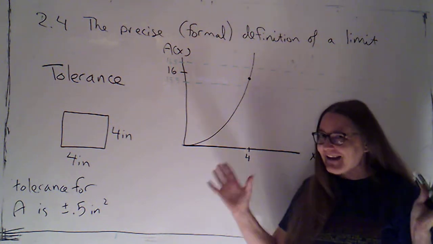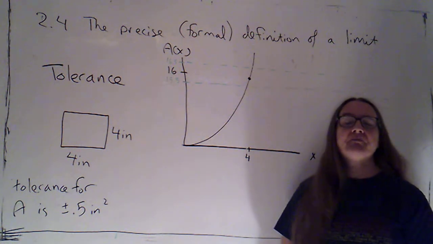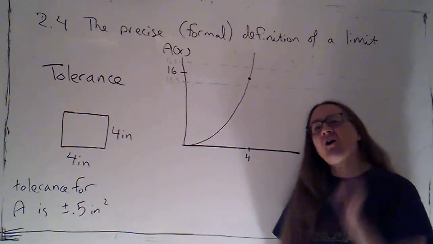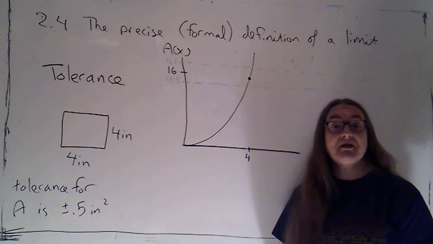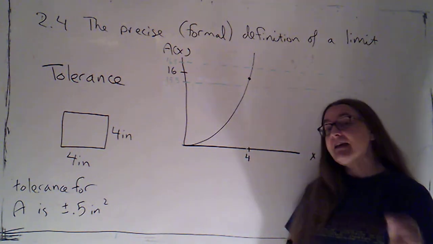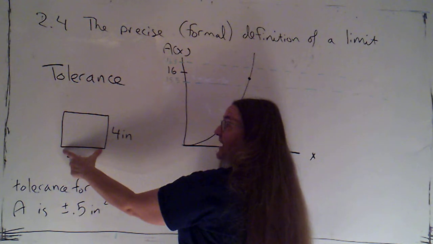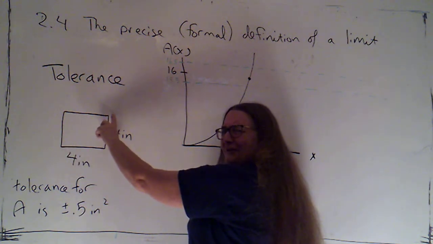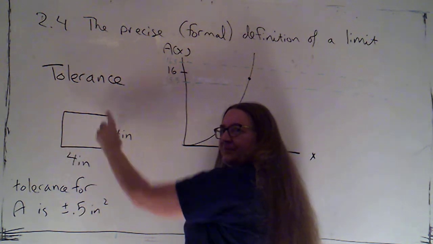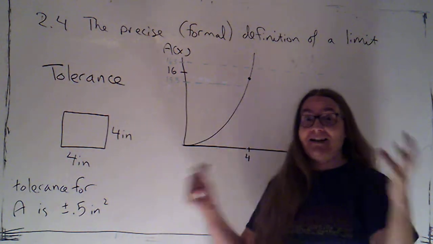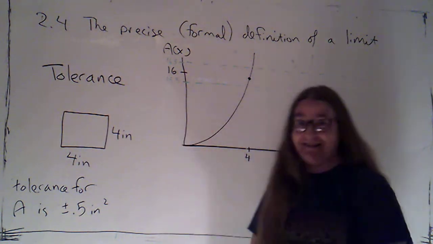So x, side length, is my one variable. We'll be able to improve upon this if we go all the way to 3c, which is multivariable calculus. Then you can take into account that you might make one error measuring this side length and a different error measuring this side length. You could even say, I might not get a perfect right angle. How does that mess things up?